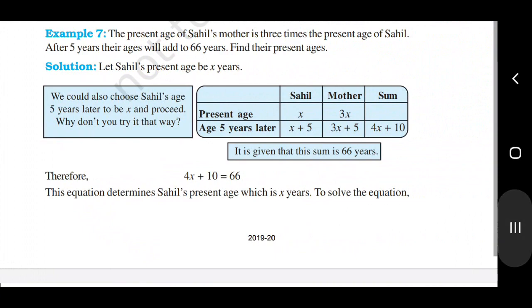Okay. Yes, dear children. Question is, Sahil's mother's age is 3 times Sahil's age. Then, after 5 years, the sum of their ages equal to 66 years. Yes, we don't know Sahil's age. If we knew Sahil's age, we could find out mother's age and the sum.